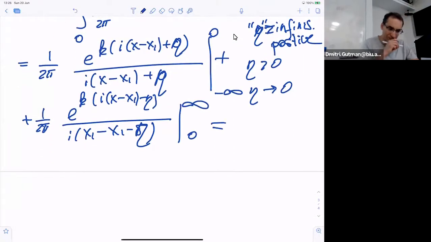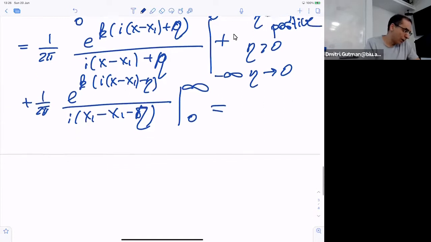Okay, now since we introduced this regularization, at plus and minus infinity this term would vanish because there's an exponent of some negative infinite number.